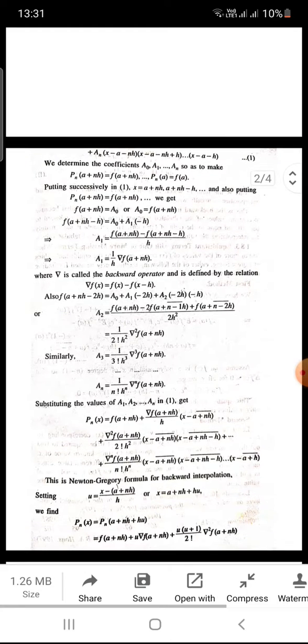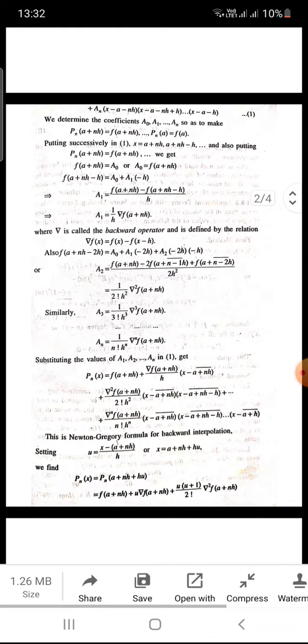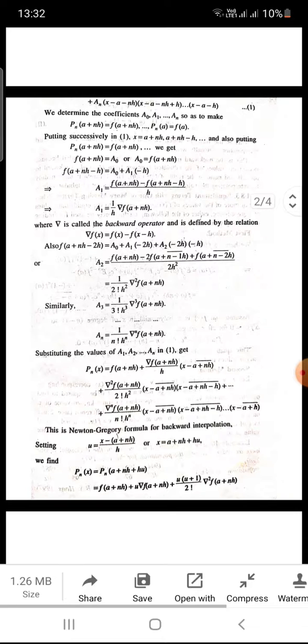So f(a plus nh minus h) will be equal to a0 plus a1 into minus h, or we can simply say that a1 is equal to [f(a plus nh) minus f(a plus nh minus h)] upon h, or we can write a1 is equal to 1 upon h del f(a plus nh), where del is called the backward operator and is defined by the relation del f(x) is equal to f(x) minus f(x minus h).